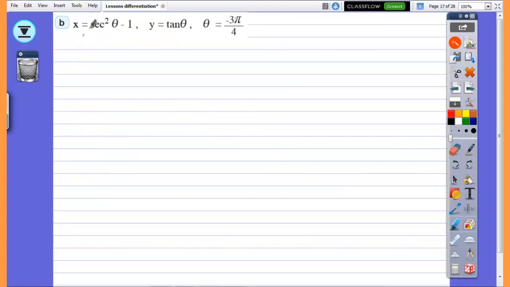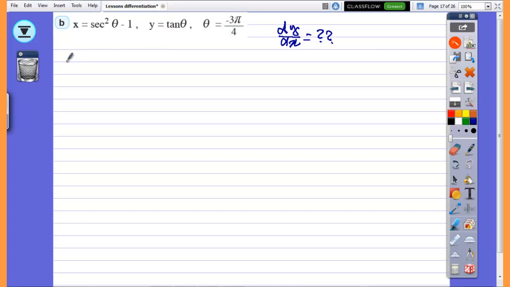B, we have x equals sec squared theta minus 1, y equals tan theta, and theta equals negative 3 pi over 4. And the requirement is to find dy/dx. What is the value of dy/dx when theta equals negative 3 pi over 4?